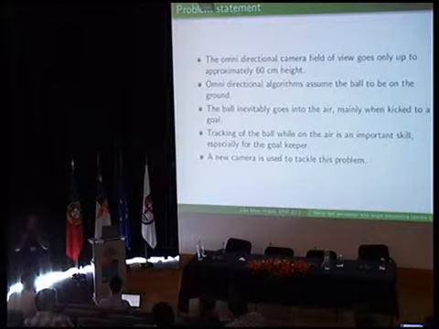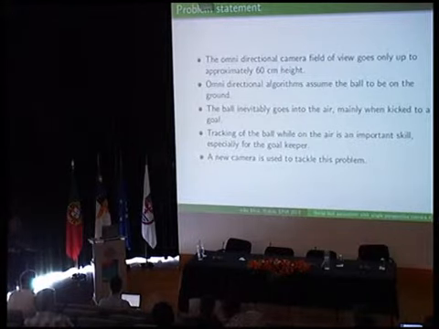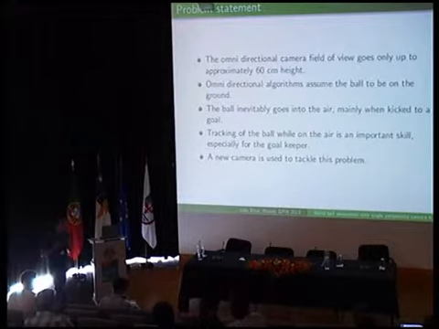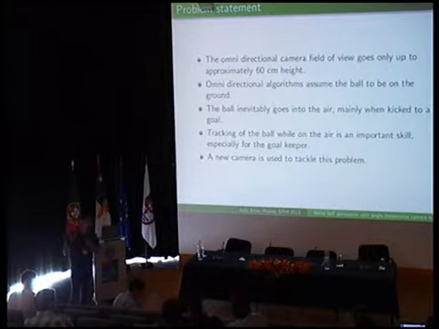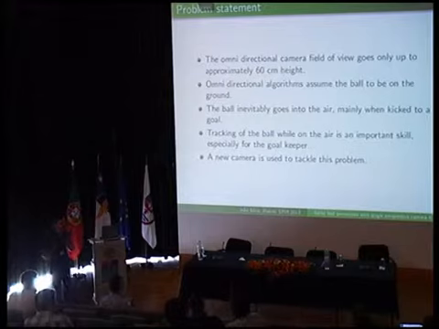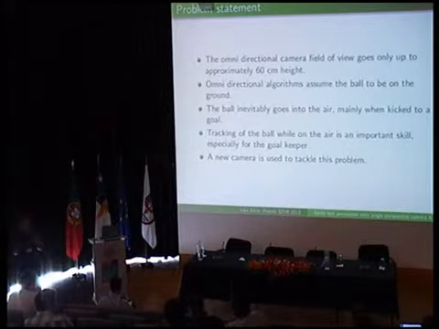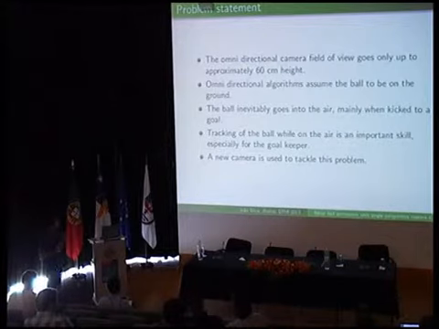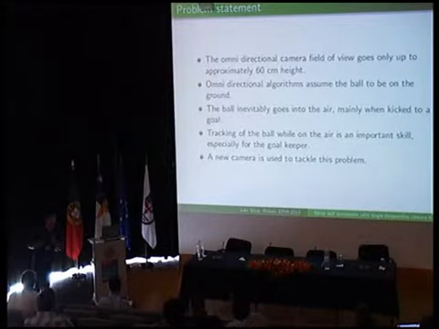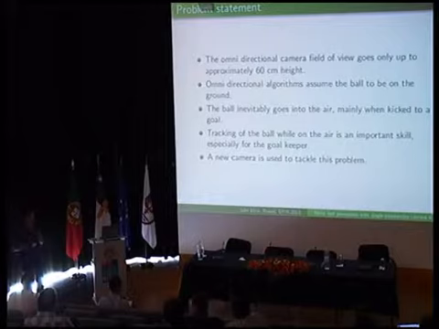Saying that, limitations of the omnidirectional vision system. One of the main limitations is that although the robot can detect things in a 360-degree view, it cannot detect balls that go approximately more than 60 centimeters high.